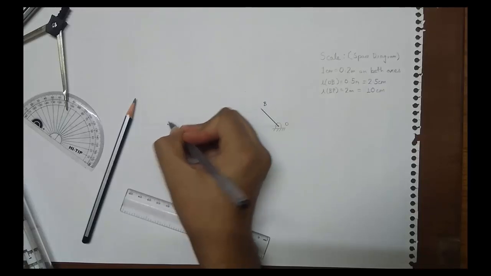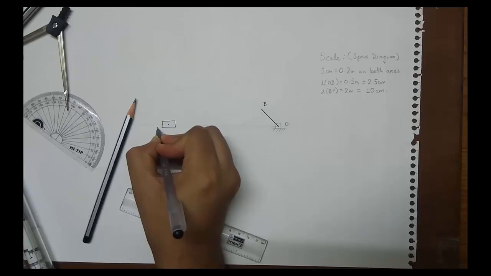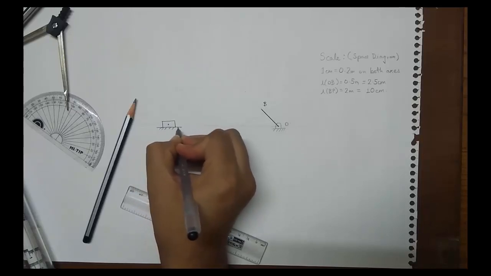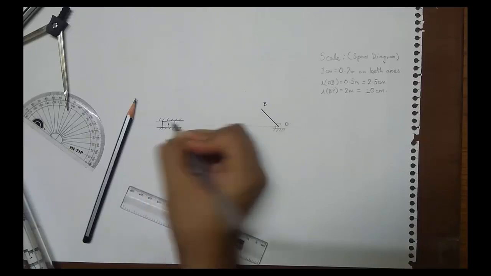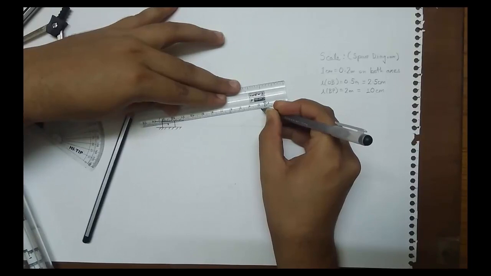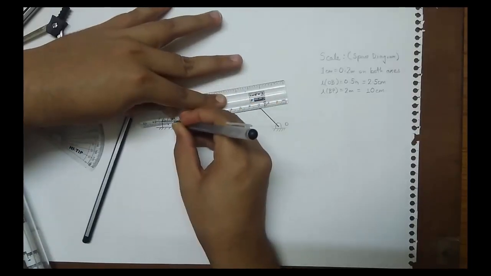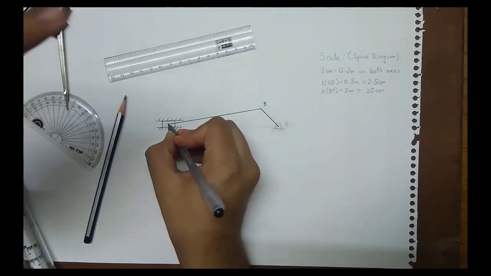This is point P. There is a slider over here, sliding in these guide rails. Okay. So from B to P, this is the next link.